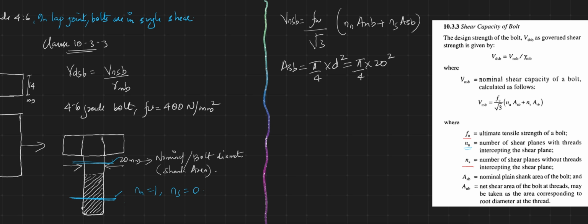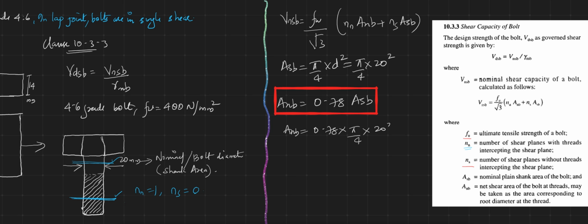So the IS code specifies an empirical formula, that is Anb is equal to 0.78 times Asb, that is 0.78 times pi by 4 into 20 square, which I'll get as 245. And Asb and Anb are clear.